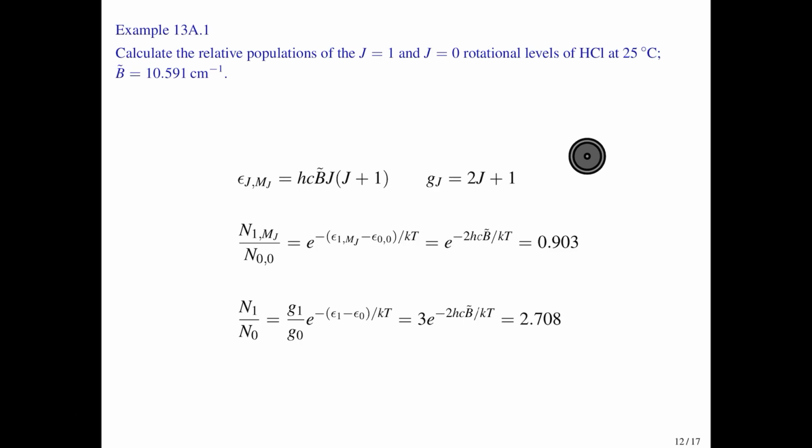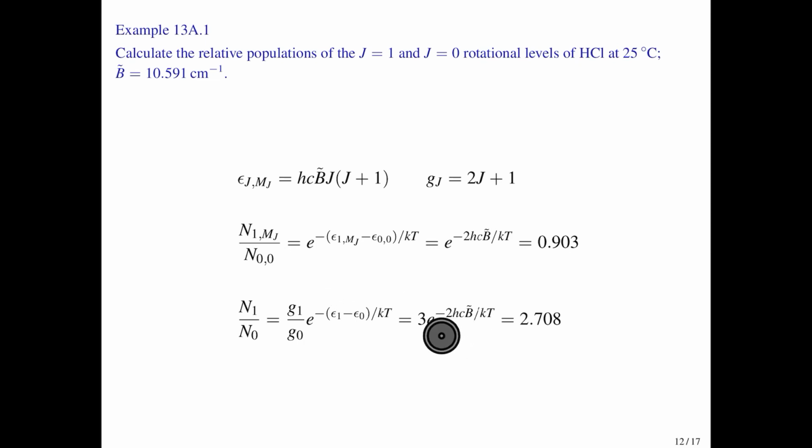So you can either calculate the relative populations between two states, or if you are interested in the relative population between two energy levels, you need to take into account the degeneracy of the two energy levels before you do this calculation. So you use your rigid rotor model to calculate the energy levels.